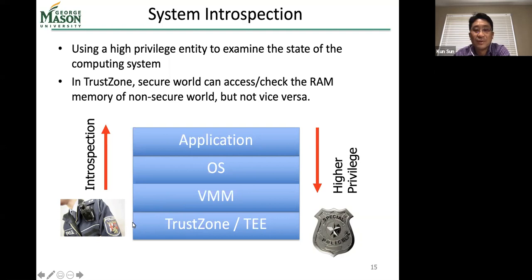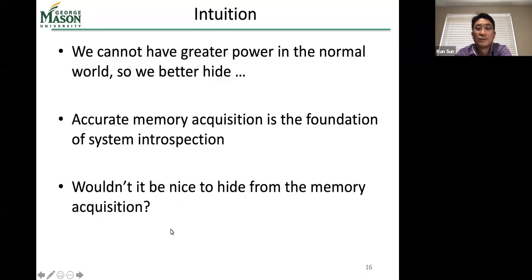But here, one challenge is that you need to fill this semantic gap when you want to understand what happened. But to defeat this system introspection, even if TrustZone deploys something like malware detection or OS integrity checking, the threat model assumes the normal OS, the rich OS in the normal world, is compromised.